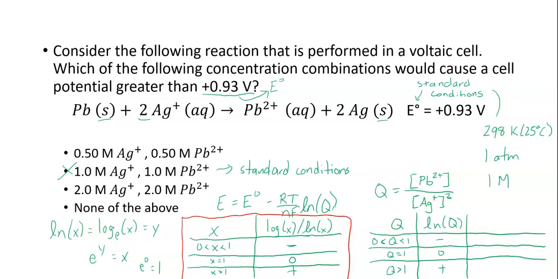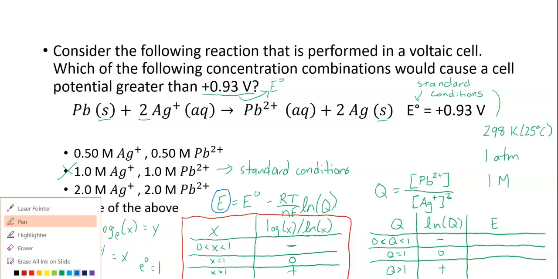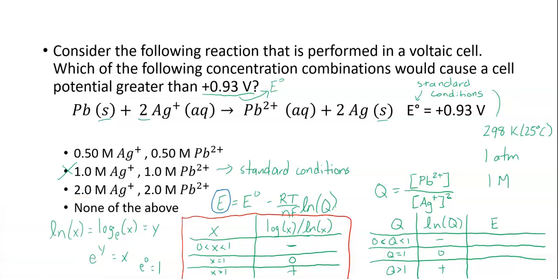So now I want to use that to determine is my cell potential greater than, less than, or equal to the standard cell potential according to the Nernst equation. Now again, remember that this part is always positive.